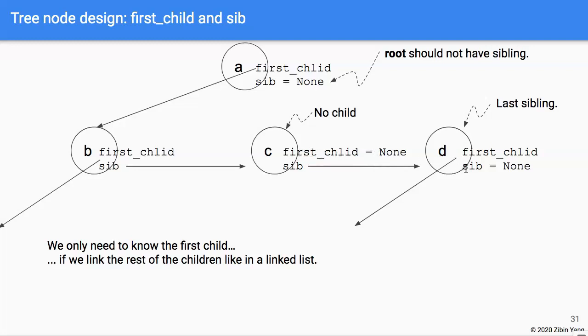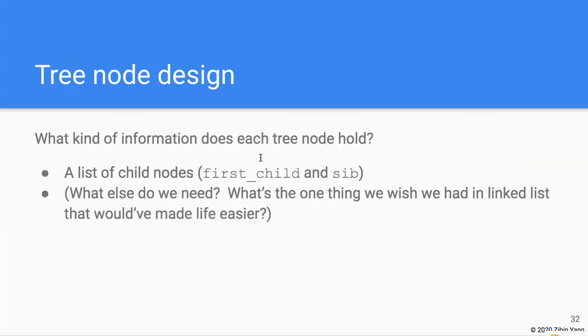And lastly, if it's the last sibling, then the sibling or the SIB pointer would be pointing to nothing. So that is the first child and the SIB references for a node.